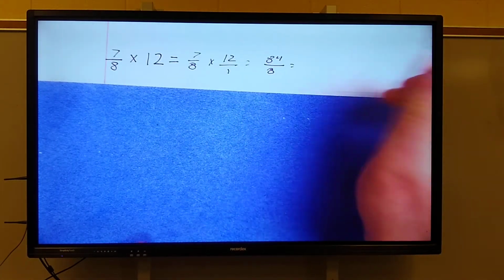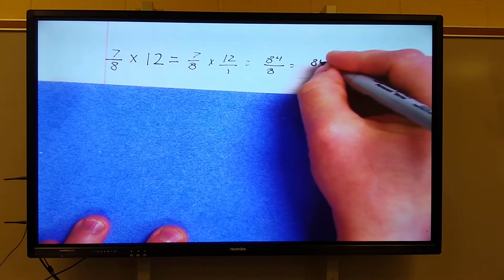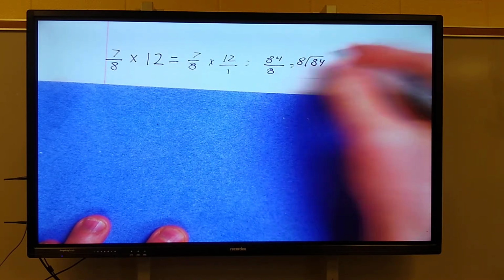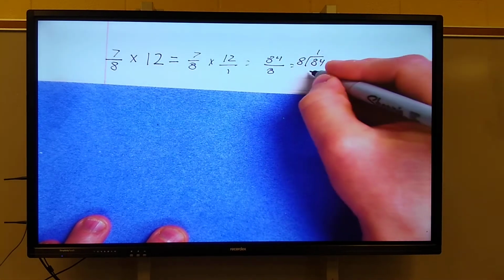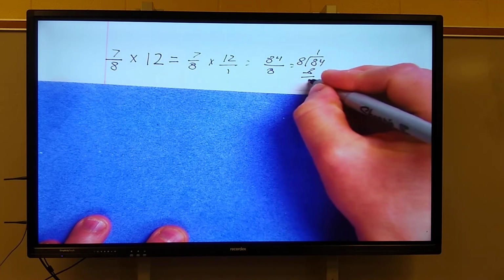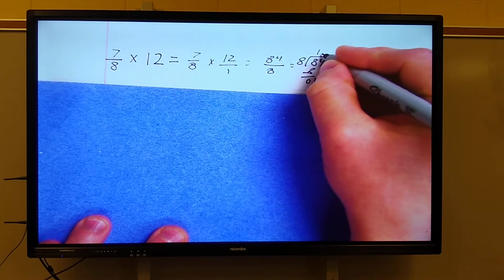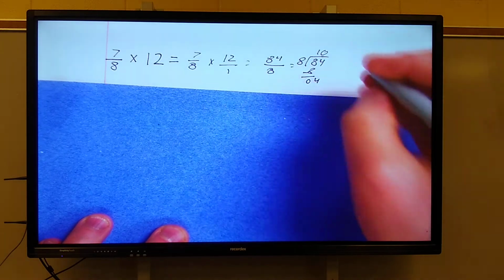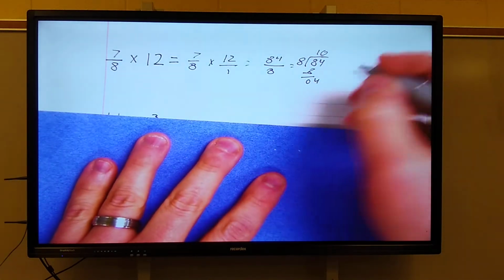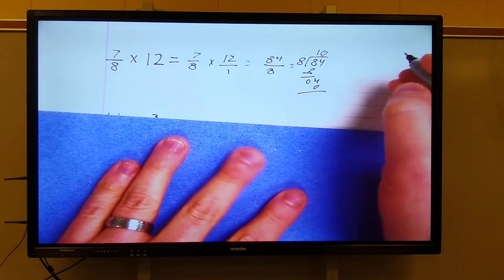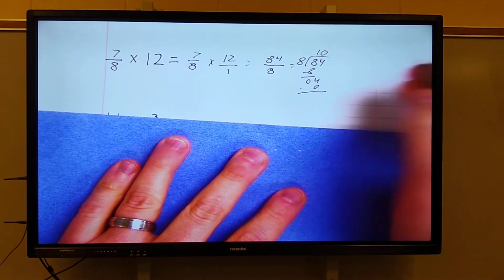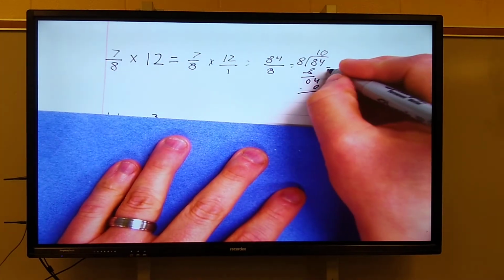Is it an improper fraction? Yes, indeed. 84 divided by 8. 8 going into 8 one time. 8 minus 8, 0. Bring down the 4. 8 going into 4, 0 times. Excuse me. 0 times 8 is 0. 4 minus 0 is 4.